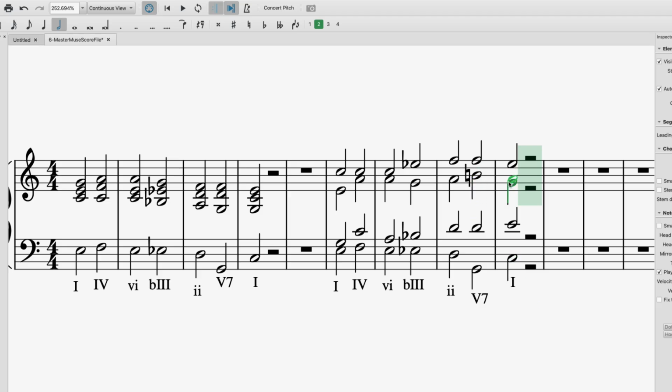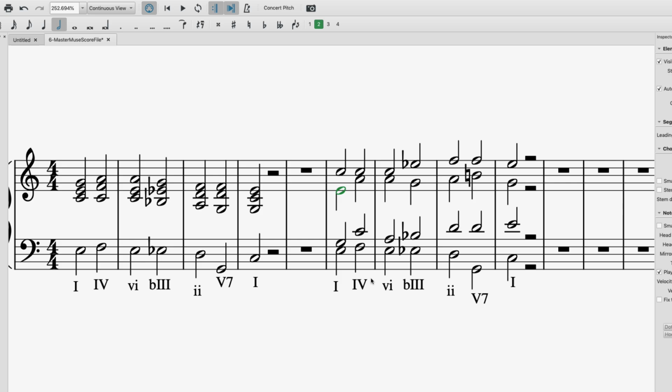Do I have any parallels? Up, up, down, down. B, F to G, that's a skip. That's okay. All right, I think we did it.